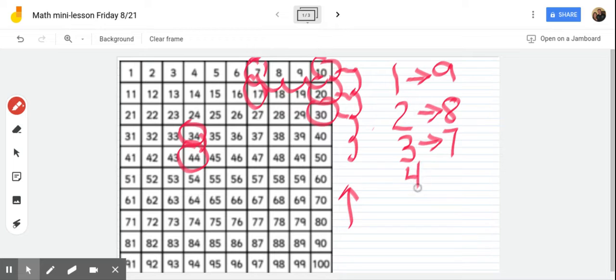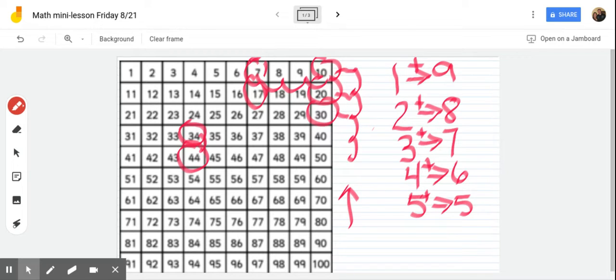A 4, I would add 6. A 5 would be 5. 5 and 5 gets you to 10. Basically, what this means is if you think about 1 plus 9, that's 10. 2 plus 8, that's 10. 3 plus 7, that's 10. 4 plus 6, that's 10. 5 plus 5, that is 10.